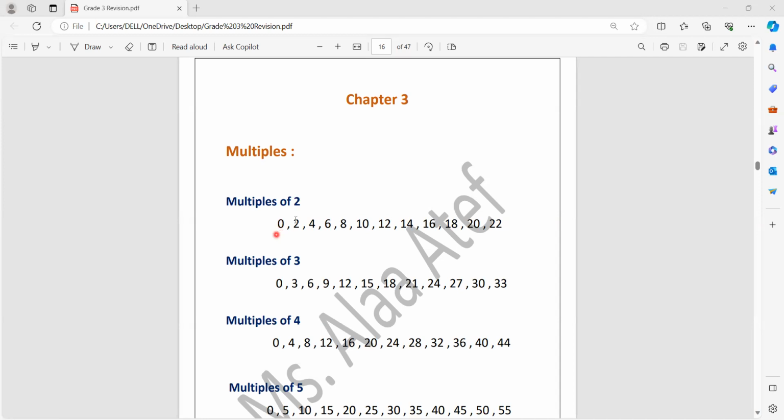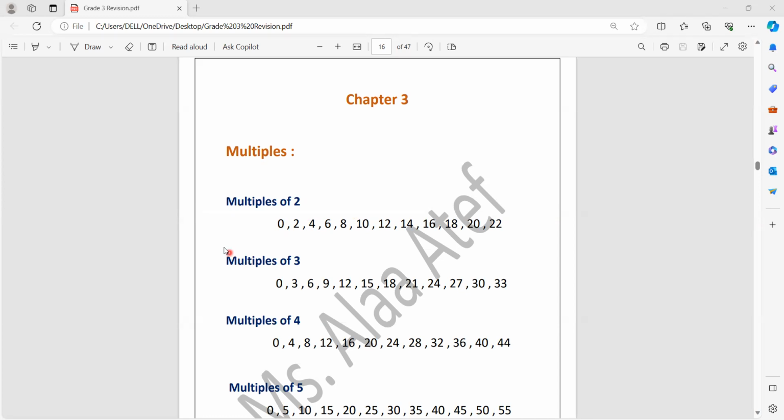So we have 0, 2, 4, and start to complete the timetable: 6, 8, 10, 12, 14, 16, 18, 20, and 22. So these are the multiples of 2.